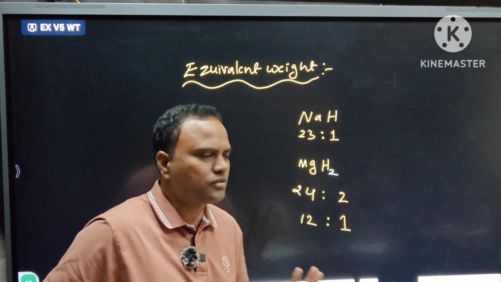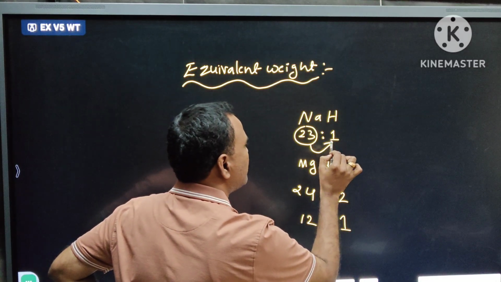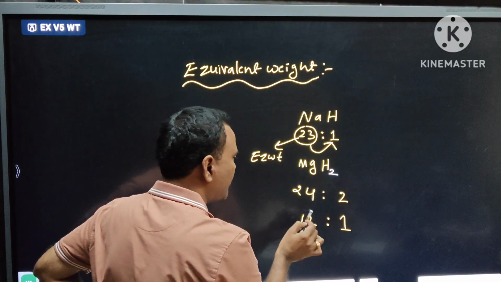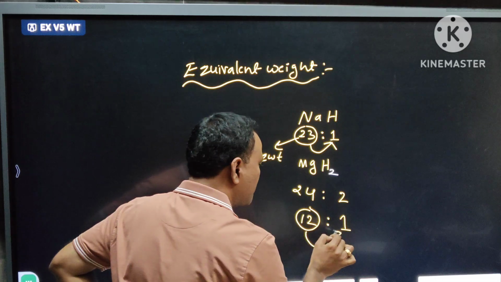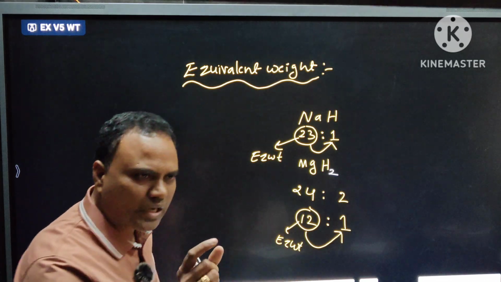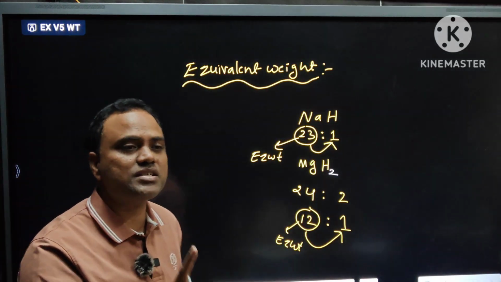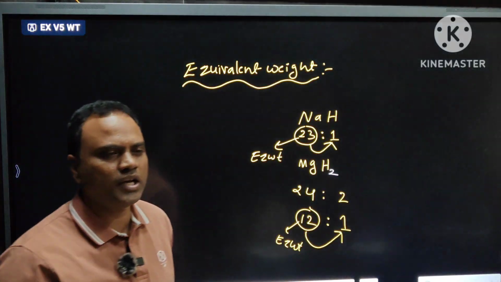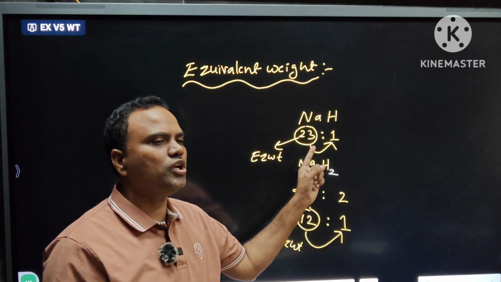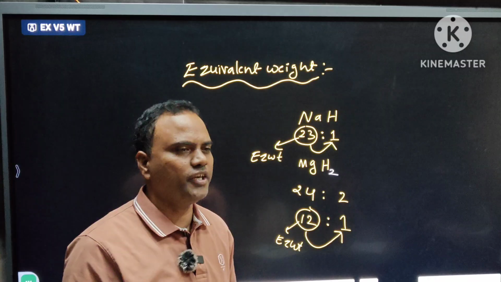Now coming to the definition: the weight of the substance which combines with 1 gram of hydrogen is called equivalent weight. Here, how much weight of sodium is combining with 1 gram? So 23 is the equivalent weight of sodium.